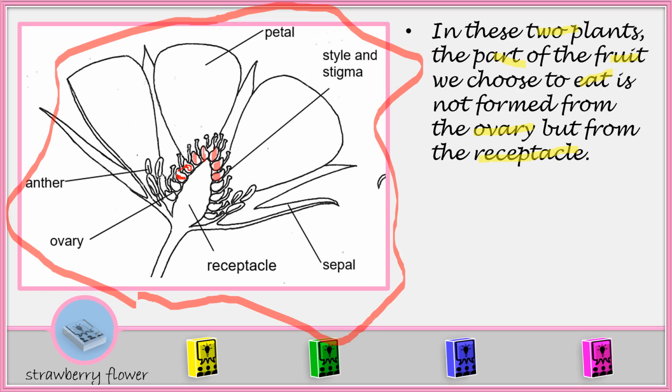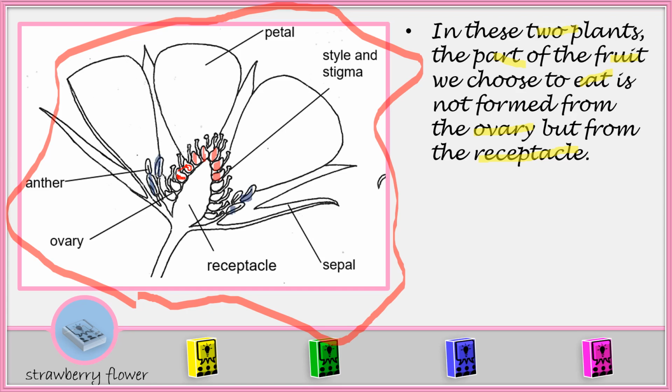Then we have the anthers. The anthers are these ones that we are seeing on the sides. They have the filaments attached to the petals of the flower. You can see an anther here, and we have others this side.